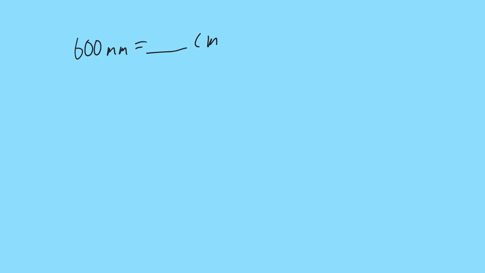So we will remember that centimeters is 1 unit size larger than millimeters, right? If I was to write out the scientific notation, centimeters would be times 10 to the negative 2, and millimeters would be times 10 to the negative 3 in terms of the base unit of meters. Okay?